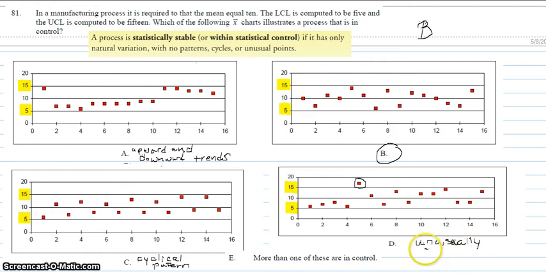Unusually high point. So we concluded graph B was our correct answer.